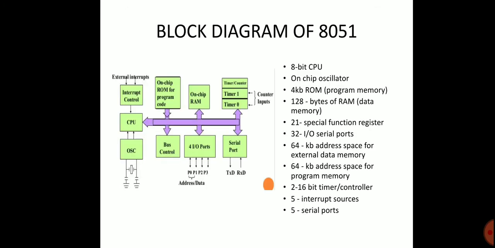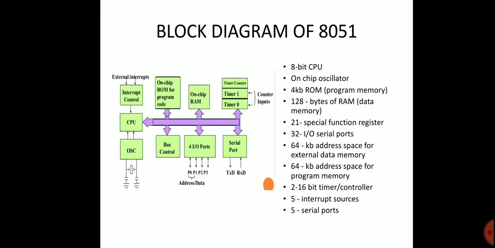This is a simple general block diagram of the microcontroller 8051. The CPU is an 8-bit CPU, because the 8051 microcontroller works on 8-bit data. The CPU is the main brain of the microcontroller, and the interrupt control signals connect the external and internal interfaces to the CPU.